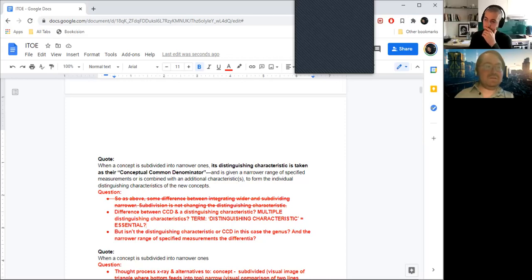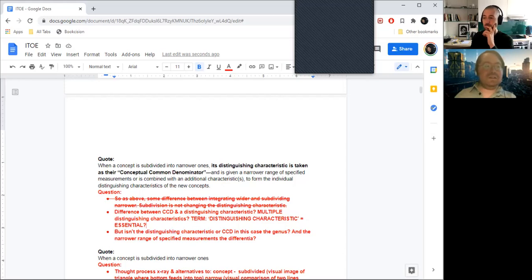Say if we're going to divide dog down to, say, boxer and Pomeranian. So let's say dog is taking the CCD as the distinguishing characteristic.